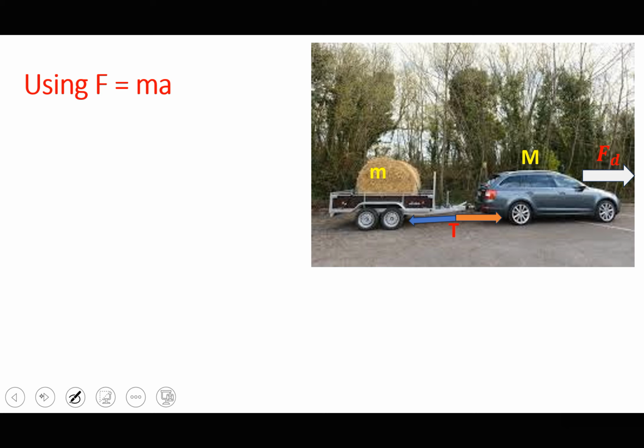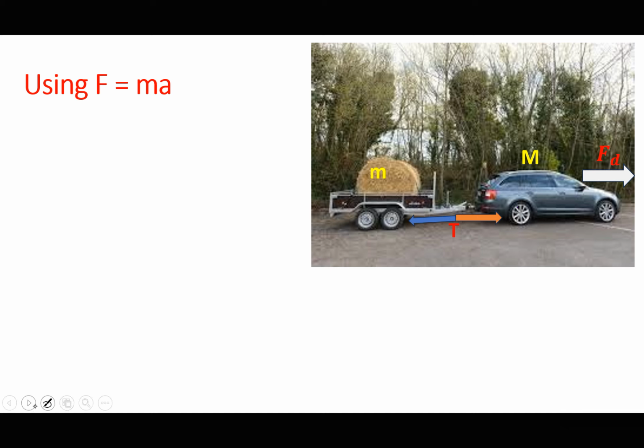Remember, the total driving force pulls both the car and the caravan. So let's consider the car alone. Which forces are acting on the car alone? One, we have the driving force forward, and two, we have the tension to the other side, or the resistance from the caravan, or the pull of the caravan on the car.